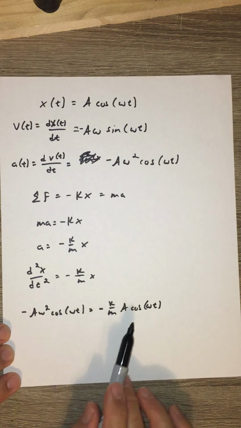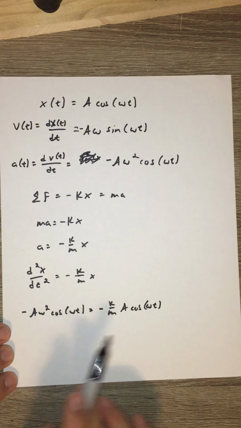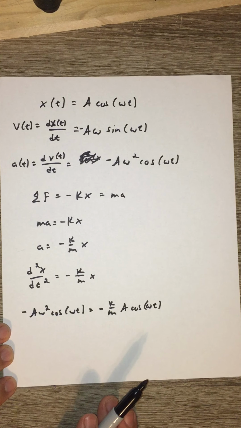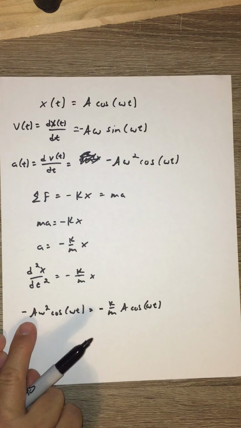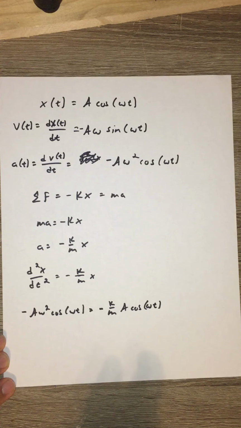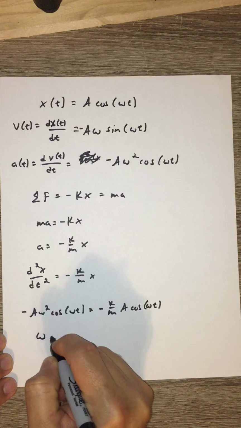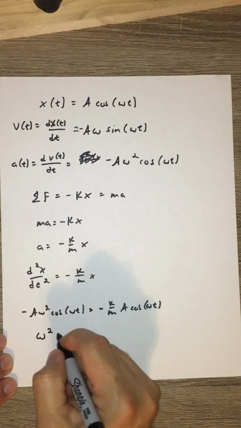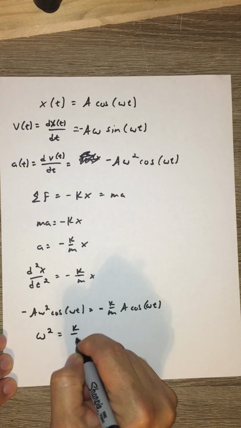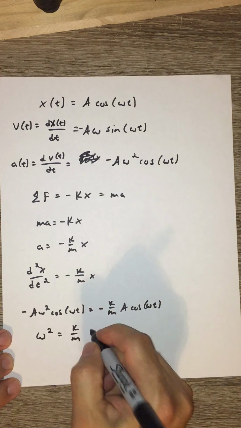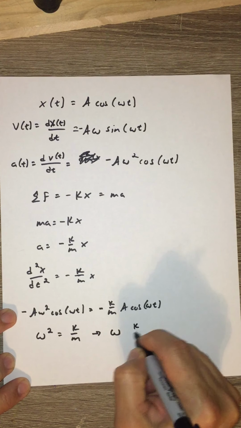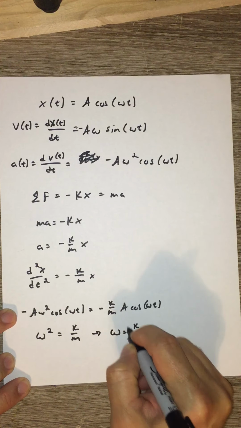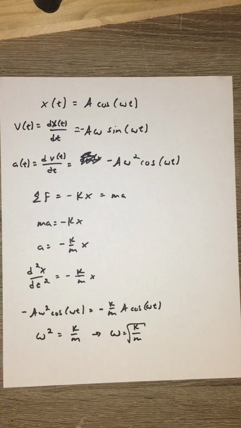I've got this cosine omega t in both terms. I've got an A in both terms, and I've got a negative sign in both terms. Okay, well, let's get rid of all that. Get rid of the negative signs, cancel out the A's, cancel out the cosine omega t, and what I'm left with is omega squared is equal to k over m, which means, of course, that omega is root k over m.